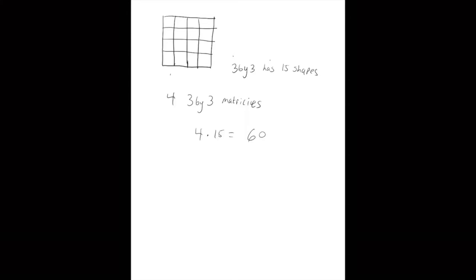So now we go about counting the shapes that are unique to our new matrix, our 4 by 4 matrix. So, for example, we're not going to want to count this shape right here because we've already calculated it down here recursively, because that shape has come from a 3 by 3 matrix.